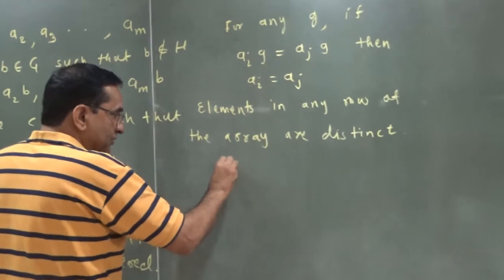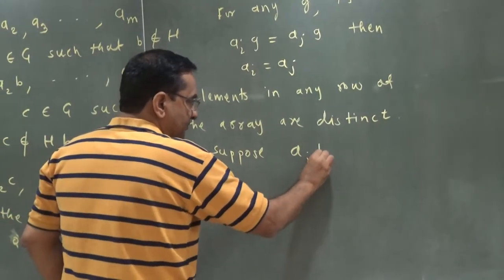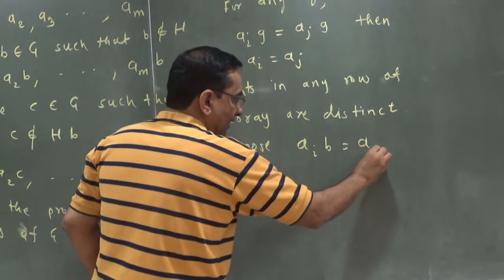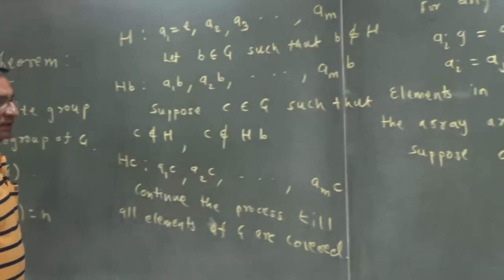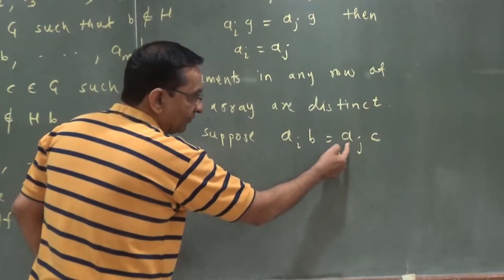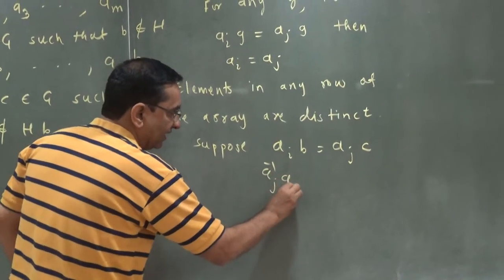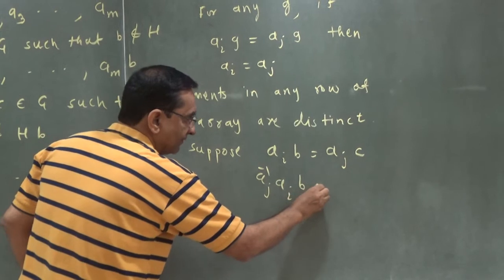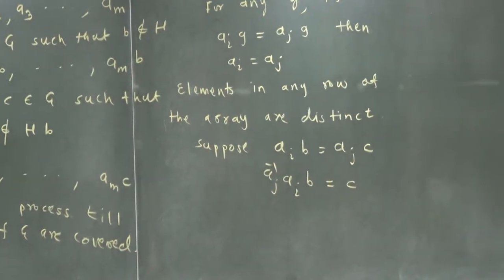So suppose AI times B is equal to AJ times C. Okay, then what happens? Then if I multiply by AJ inverse from the left, I get AJ inverse AI B is equal to C.